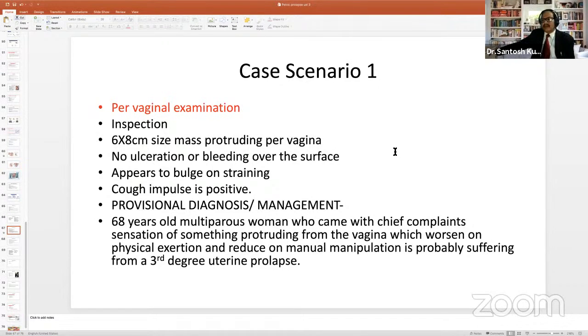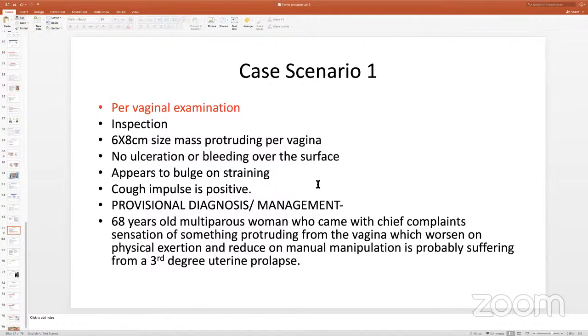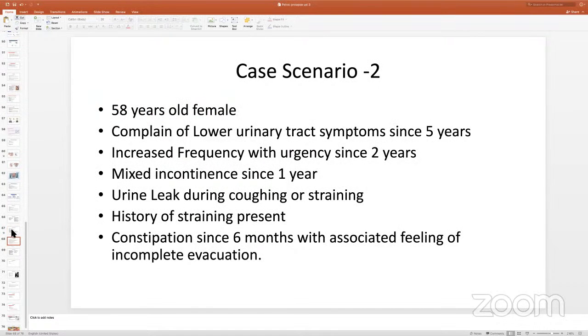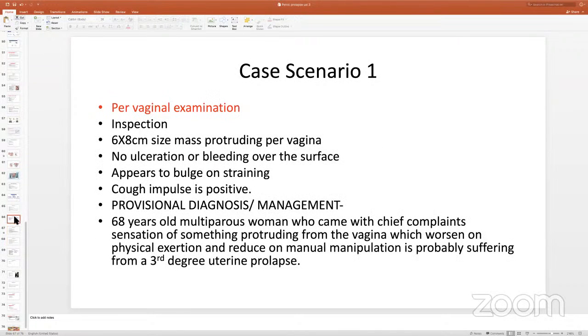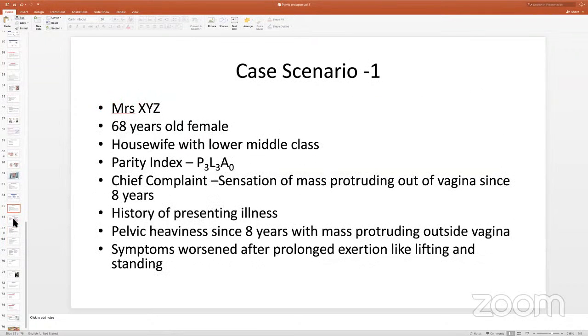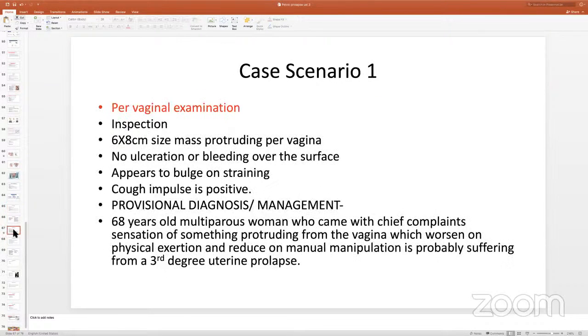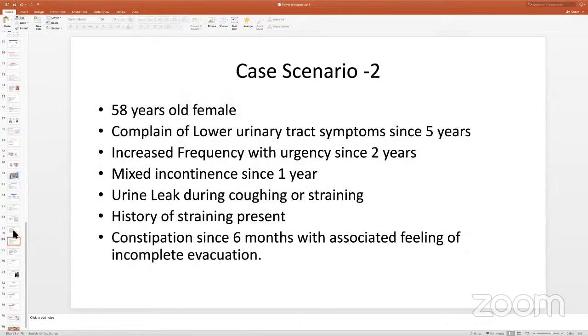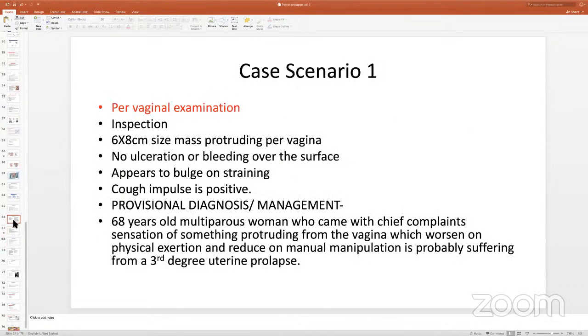Hello. Any taker, any resident who wants to discuss the case with Dr. Santosh? I think Dr. Santosh, you yourself can discuss how you will plan the management of this. And Venki, if you can unmute yourself, Venki Bhargav.